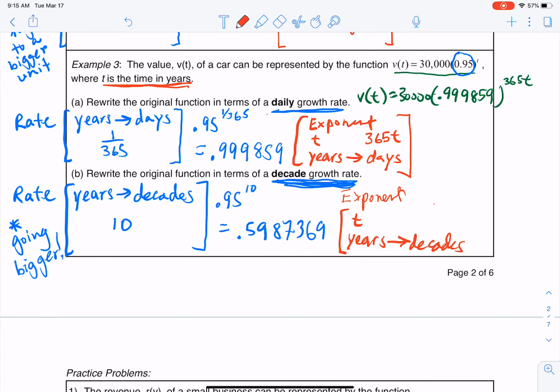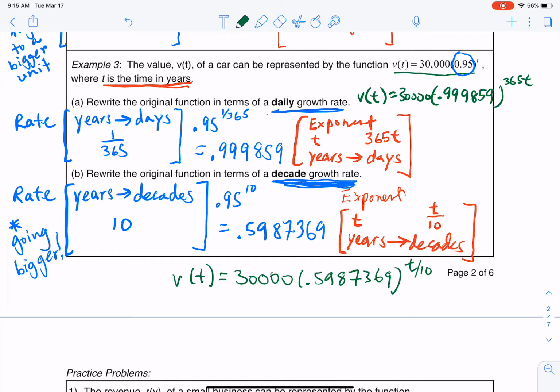Well, it represents 1/10 of a decade. So I'm going to represent that with t over 10. So my final equation for a decade growth rate is going to be v of t equals 30,000 times 0.5987369 raised to the power of t over 10.